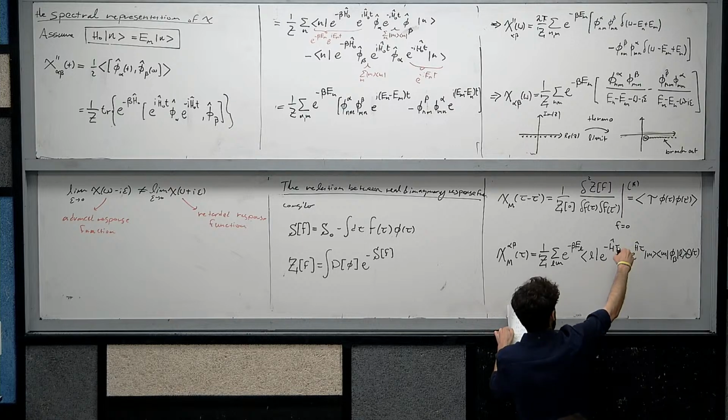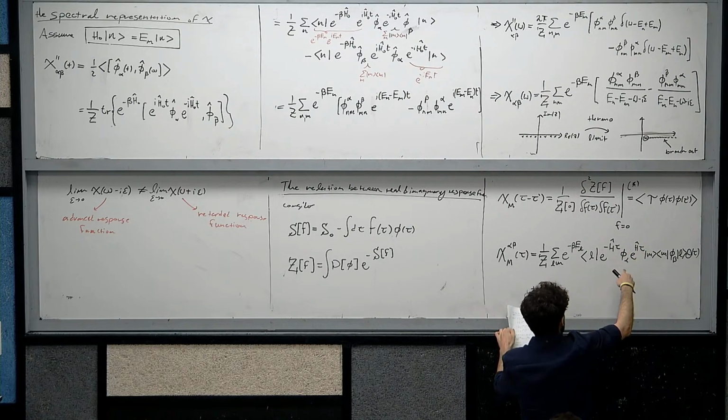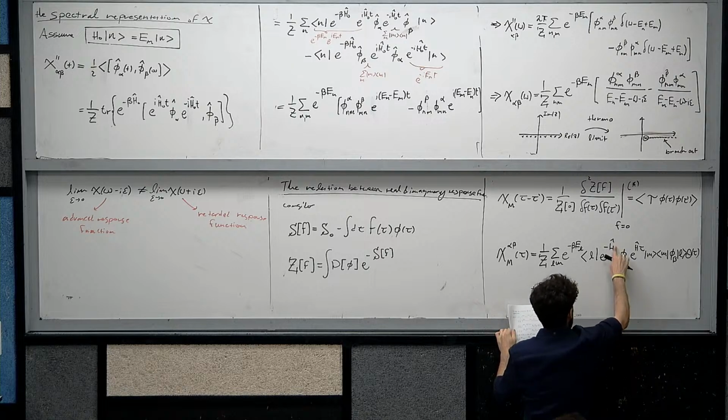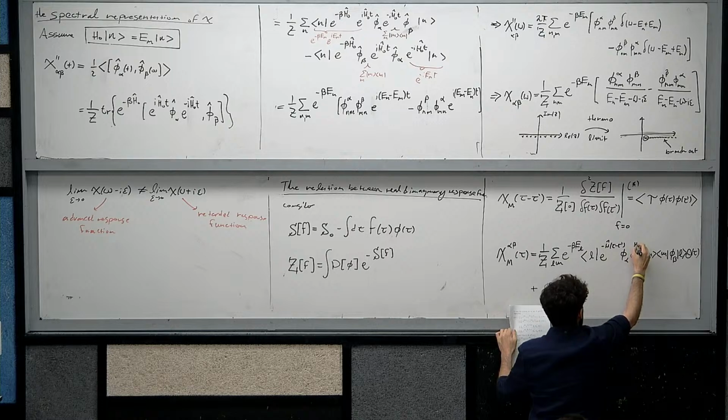plus this. So time ordering just means that if tau minus tau prime, you know, okay. Let's write this minus H tau minus tau prime, and this is H tau minus tau prime.